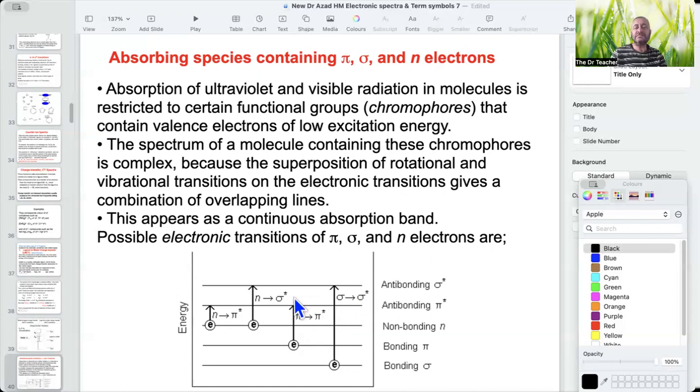So every star is antibonding: antibonding sigma star, antibonding pi star. But when you have n, this is a non-bonding pair of electrons. When you have pi or sigma, it is bonding.